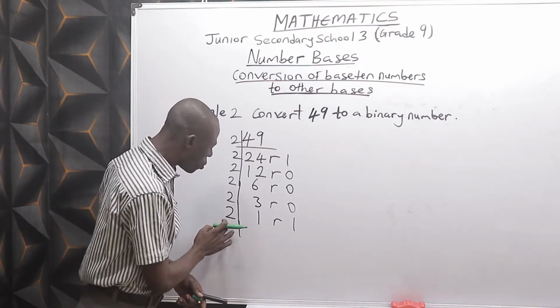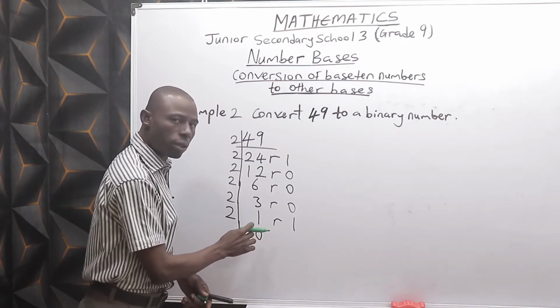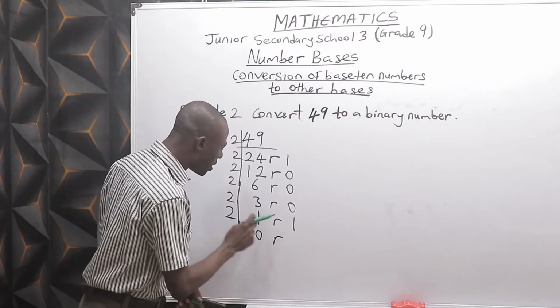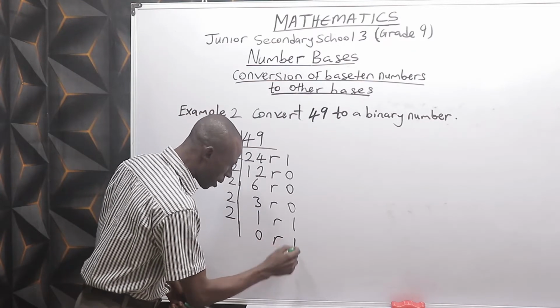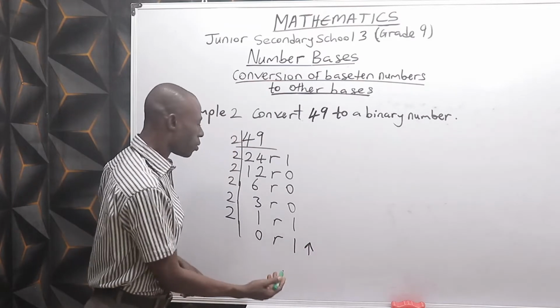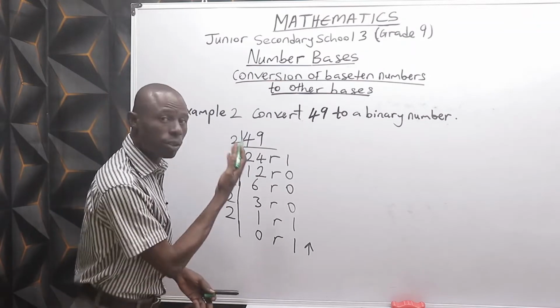We cannot have 2 in 1. So we write impossible. The language of impossibility here is put 0. We now repeat the number that remains here. So we put the arrow here to show that we are picking the answer from the bottom. You understand? From the bottom.